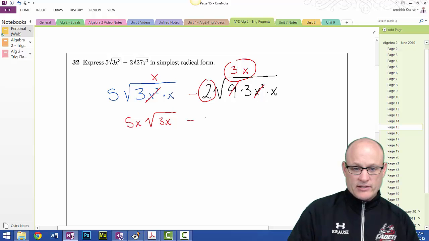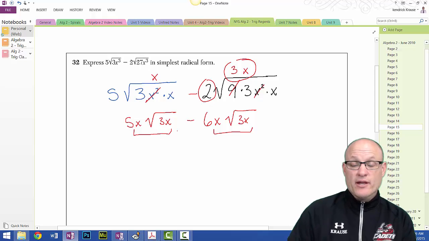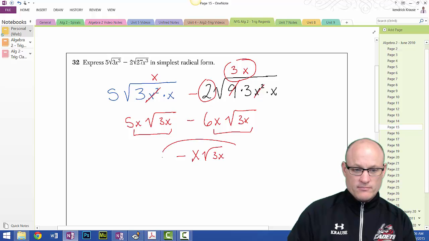So I get minus 6x square roots of 3x. Now, so long as these two things are exactly the same, therefore they are like or similar terms, you can add these up. And 5 of these things minus 6 of these things is negative 1x square roots of 3x.